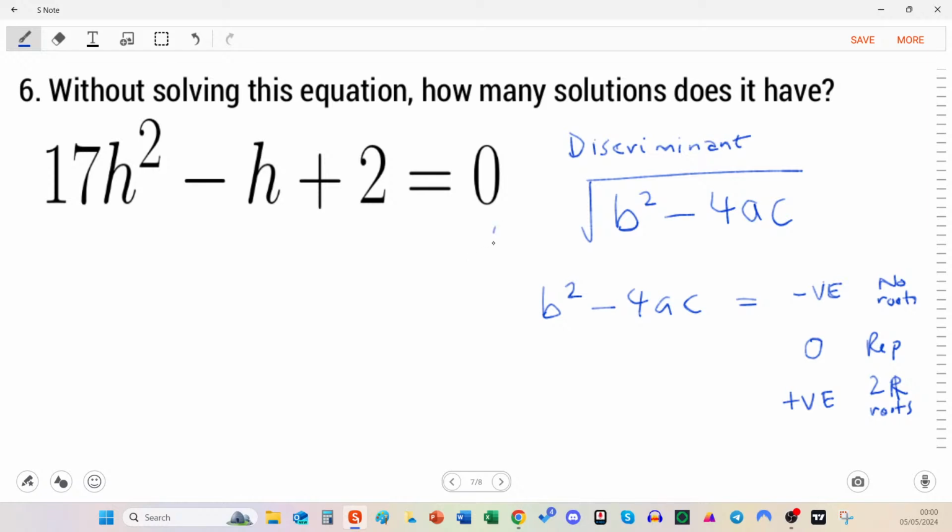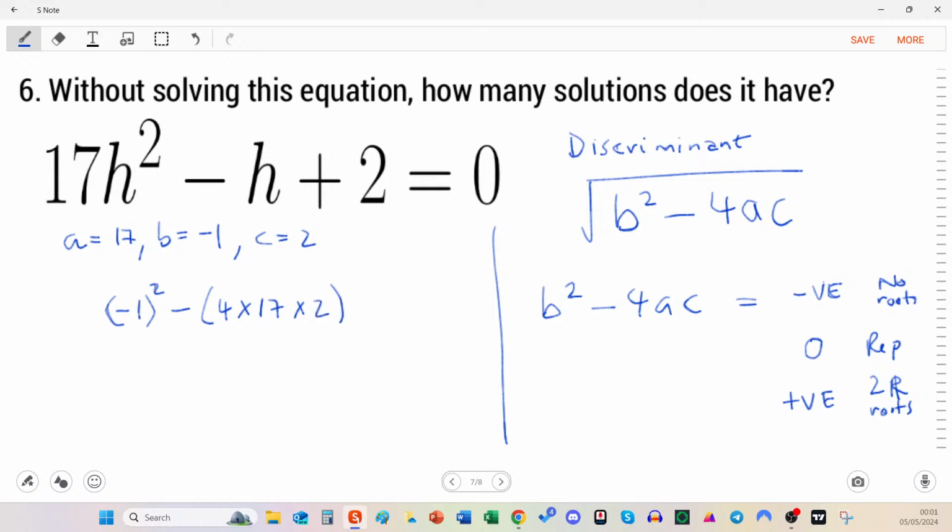So let's do the actual method down here. We have to decide what B, A, and C are. So in this case, A is 17, B is negative 1, and C is 2. So b squared is negative 1 squared, minus 4 times 17 times 2, so 4AC.